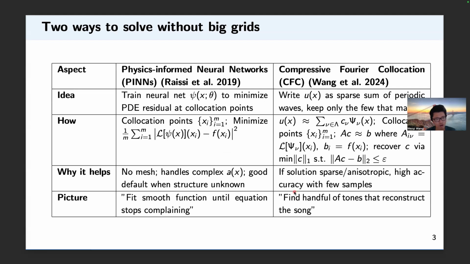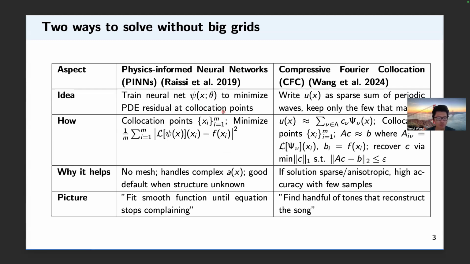So here are the two ideas to avoid big grids. The first one is the physics-informed neural network. The idea is that we train a neural network so the equation residual at random points is small. So there's no mesh here.